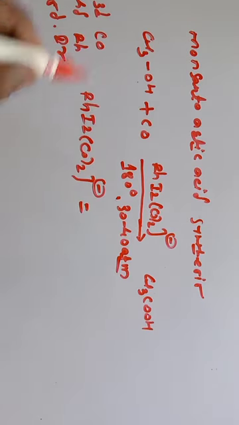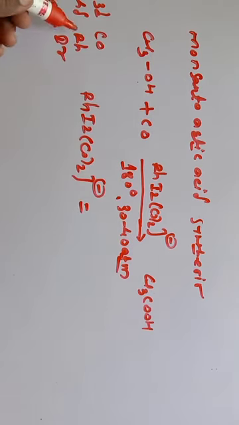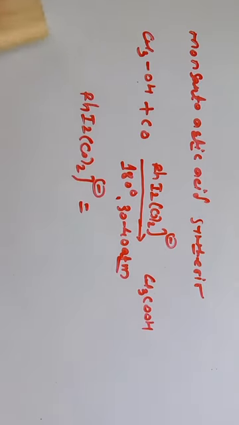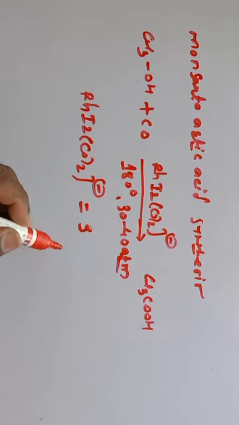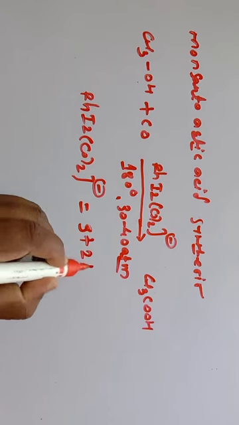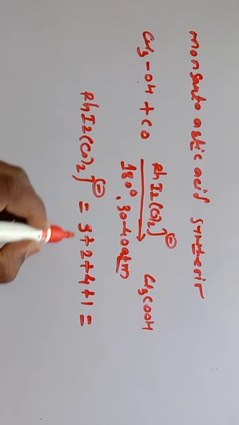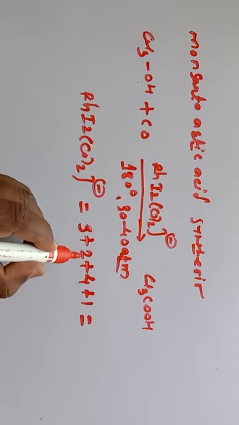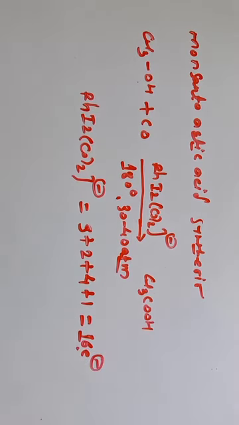Cobalt has a 4s2 3d7 configuration, therefore the same for rhodium and iridium, because they belong to the same group. So rhodium contributes 9 electrons, iodine contributes 2, the carbonyls contribute 4 electrons, and one negative charge is there. So total 9 plus 2 is 11, 11 plus 4 is 15, and 1 is 16. This is a 16 electron species, with a net negative charge of minus 1.